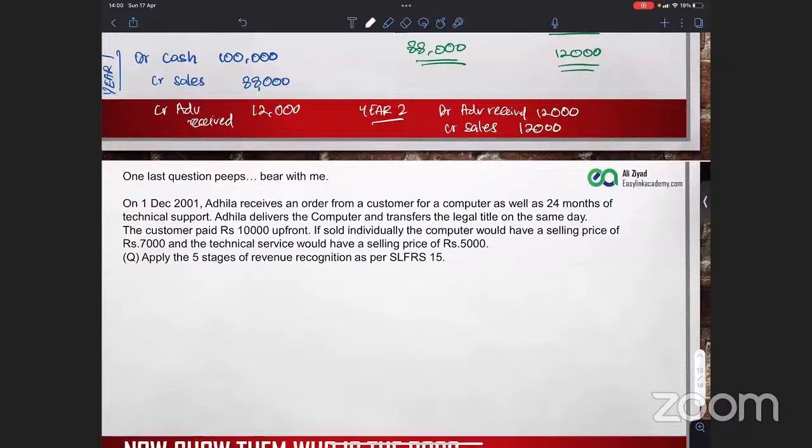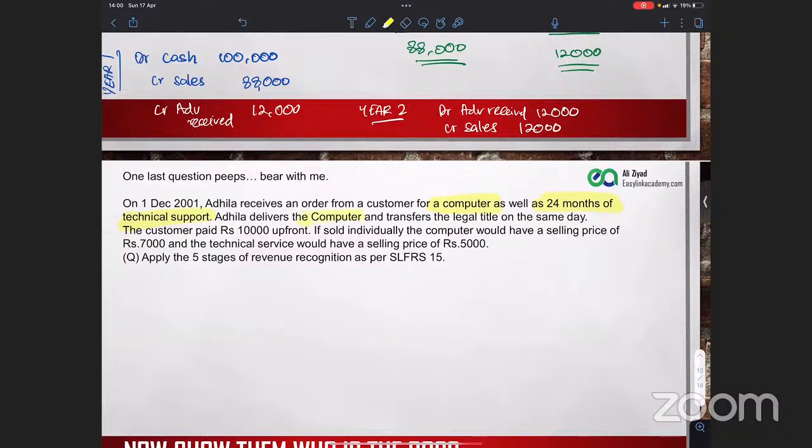On 1st December 2001, Adila receives an order from a customer for a computer as well as 24 months of technical support. Adila delivers the computer and transfers the legal title on the same day.